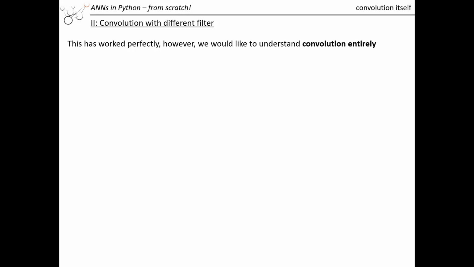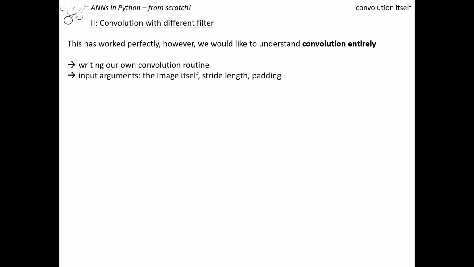However, we just used the internal Python library convolution, but now in the next step, we want to create our own convolution routine. So we want to now go away from this automated version by actually writing a code that performs convolution. Therefore, we want to create a routine where we have, of course, the image as an input, but also the stride length and the padding.